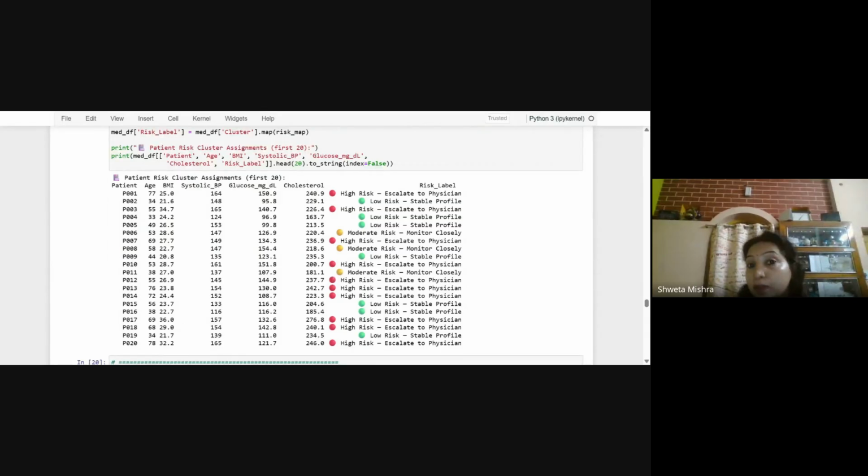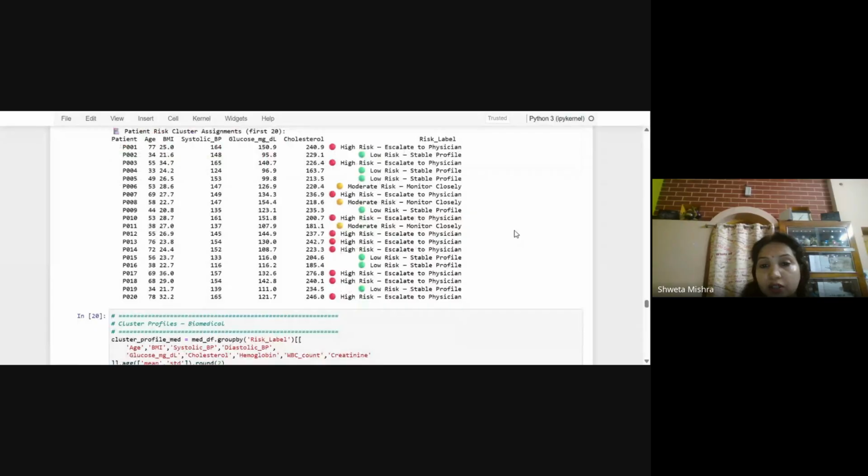Here red represents high risk, escalate to physician. Green dot is low risk, stable profile. So green means normal blood, low risk, and red means abnormal blood, high risk. Here we just make them into two different categories.